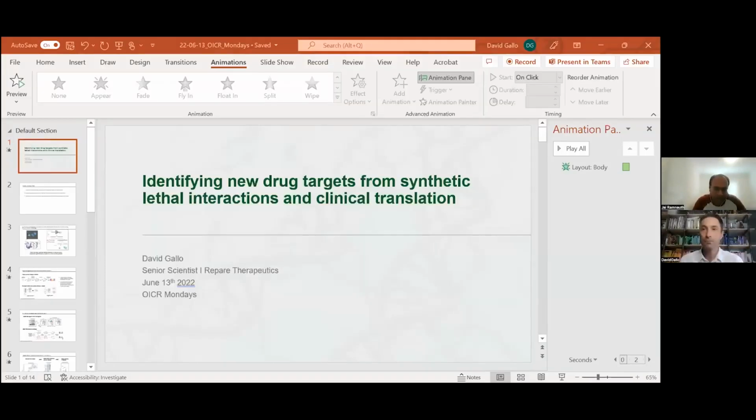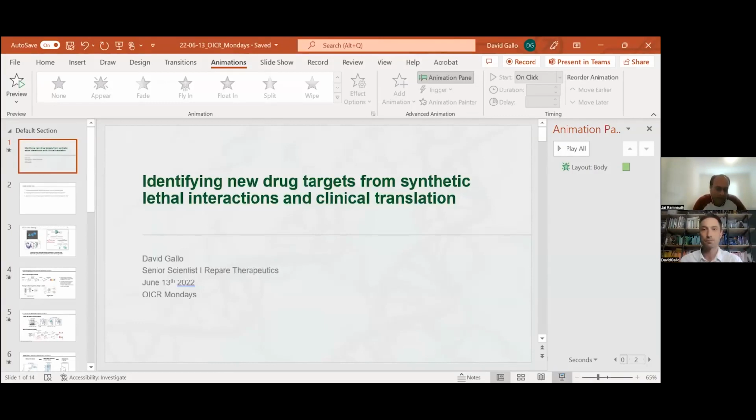Thank you, Dr. Lheureux. Our next speaker is Dr. David Gallo, who's going to represent the adaptive oncology research team. David completed his PhD at the University of Toronto in the Department of Biochemistry, studying the DNA replication stress response using yeast as a model organism.